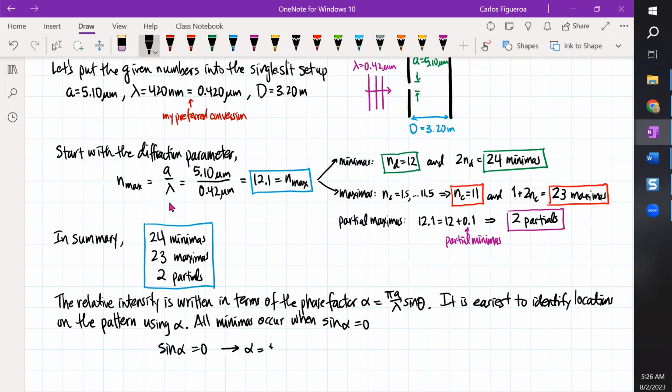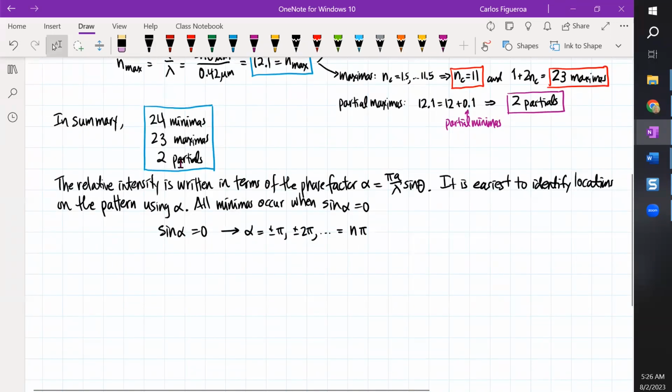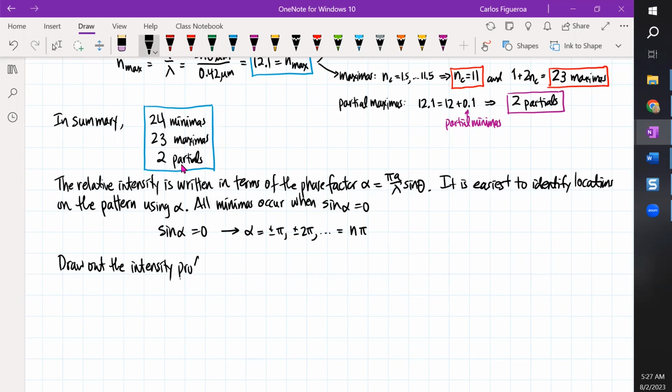So this has to be plus or minus pi, plus or minus 2 pi, etc., which is exactly the same value of N. So now I could look at the intensity profile. If I now draw out the intensity profile, I'm then going to have this.